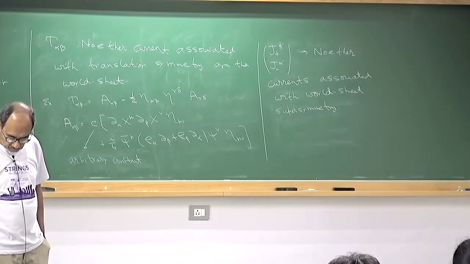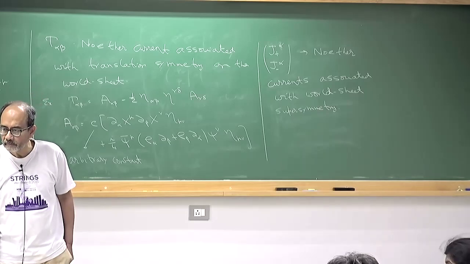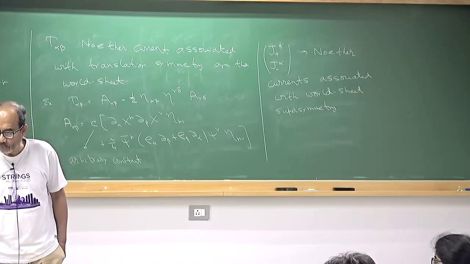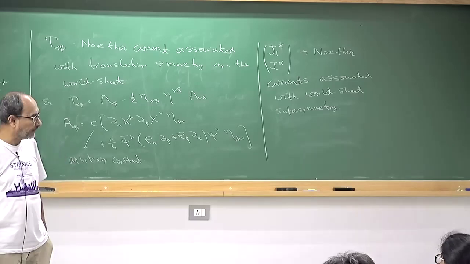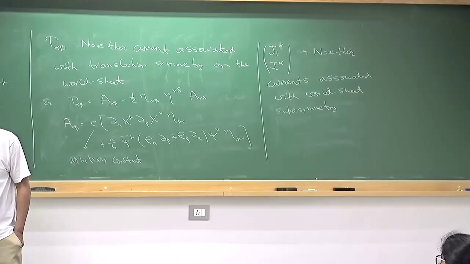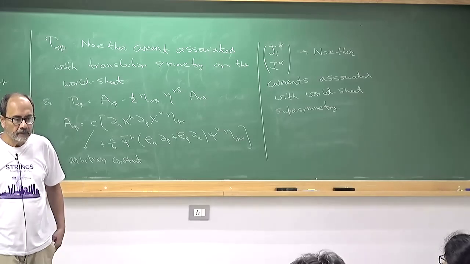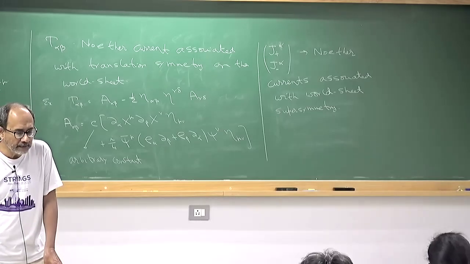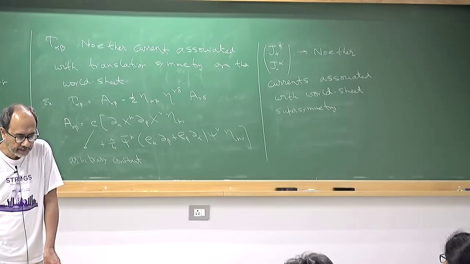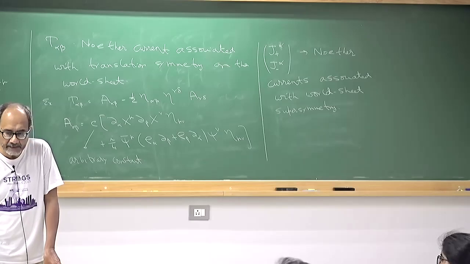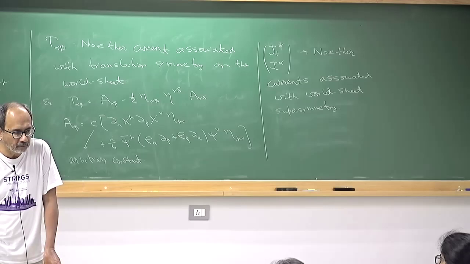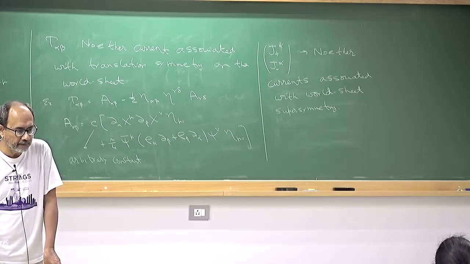So J plus and J minus correspond to epsilon plus and epsilon minus? Yes. No, J plus corresponds to epsilon plus and J minus corresponds to epsilon minus. Order doesn't matter, it's just the choice. That's the overall sign. And again, as I said, the overall normalization of the Noether currents is not fixed, because if a current is conserved, any multiple of it is also conserved.